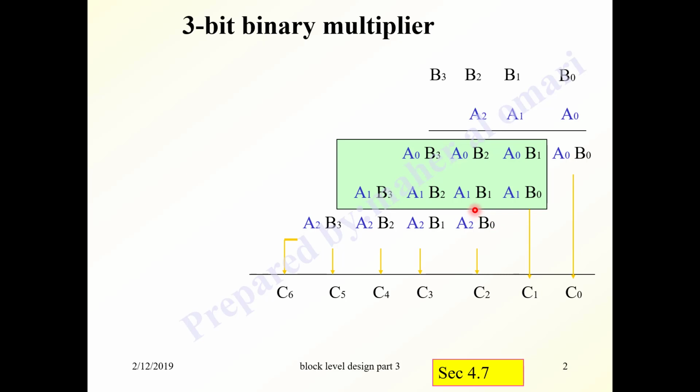The outputs here, and here, and here, and the carry out of this parallel adder are added using another 4-bit parallel adder with these bits, this one, and this, and this. And the result of this second parallel adder will be C2, C3, C4, C5. And the carry out of this one will be the last bit in our answer.